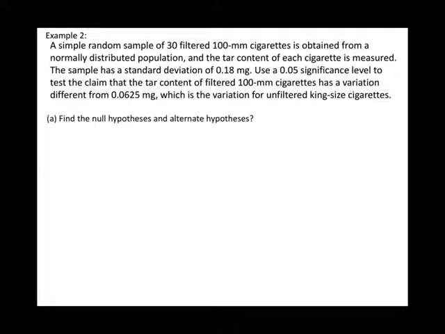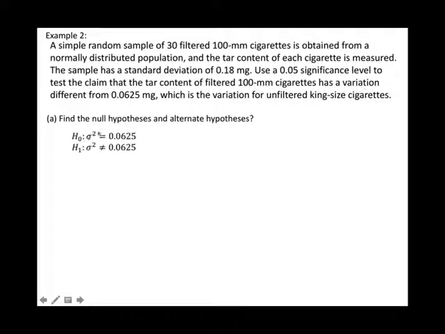Okay, first, write the null and alternate hypothesis. Again, look at the claim statement. The tar content of filtered 100 mm cigarettes has a variation different from 0.0625 mg. Okay, so here we are working on variation, so this means the variance.